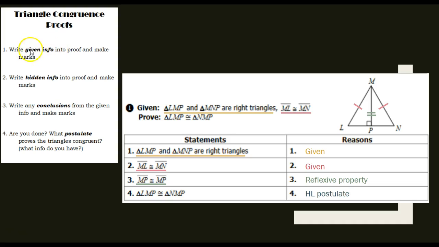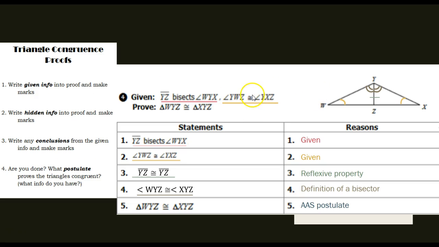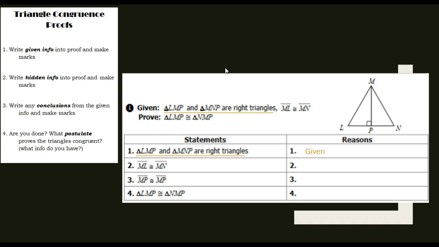Especially at the beginning, it's just going to be given and hidden information, but some conclusions. The conclusions are going to be primarily, what does bisect mean? What does midpoint mean? Etc. Or what can we conclude from us knowing that those words are there, and what do they say, and what does it mean? All right, good luck.